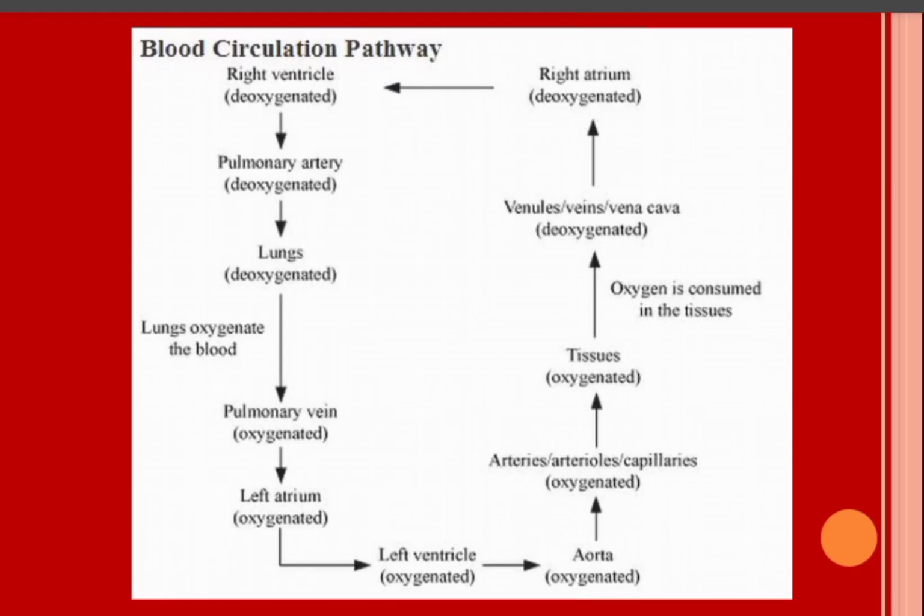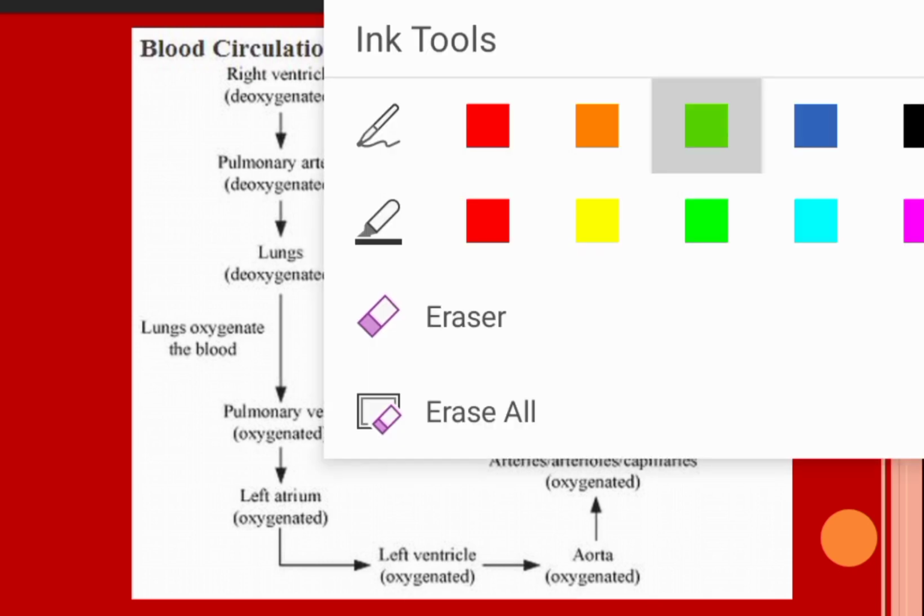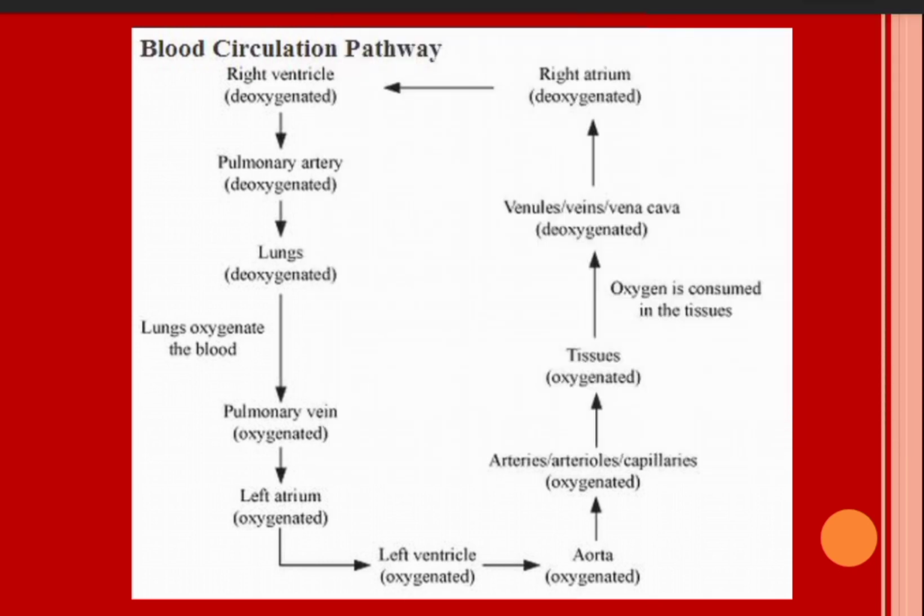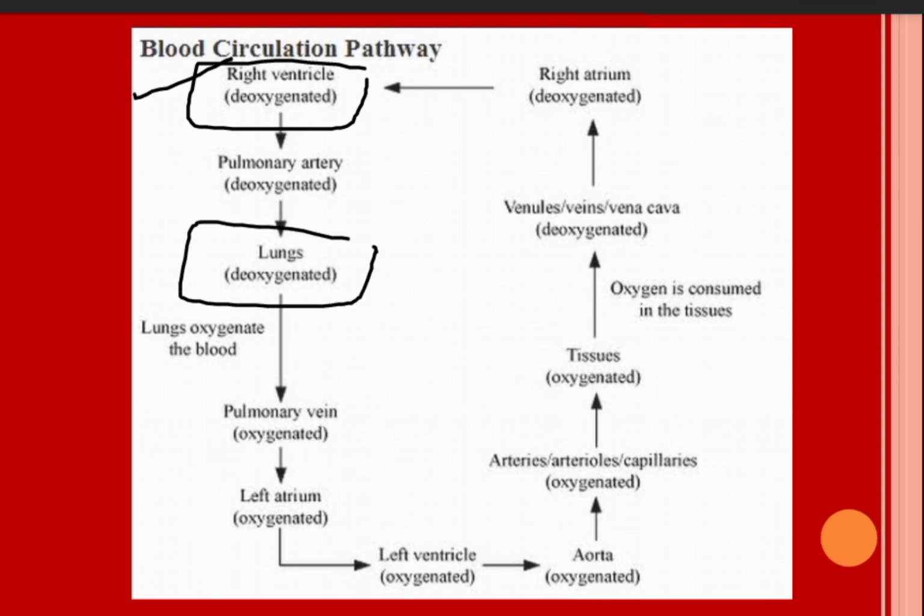So here you can see the complete pathway of blood circulation, starting with the right ventricle. Listen carefully. This right ventricle carries the deoxygenated blood. Now, this deoxygenated blood goes to the lungs for oxygenation, right?